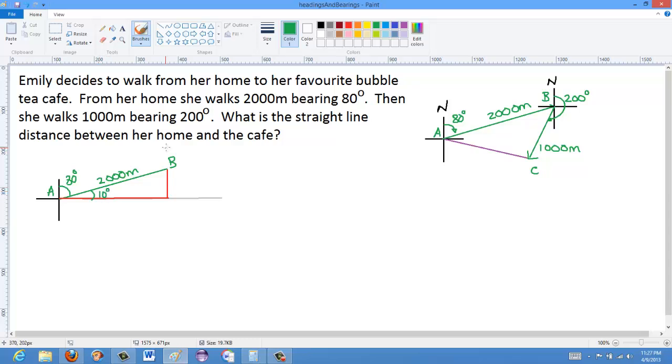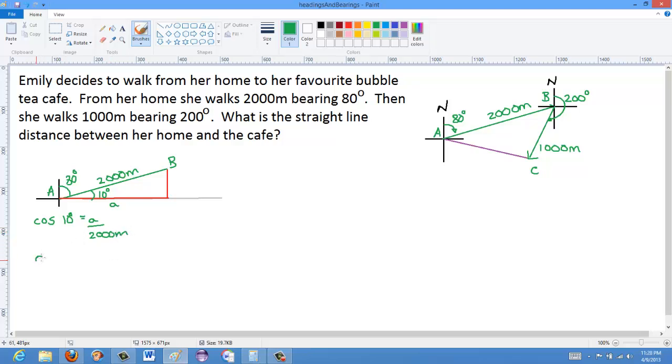Now from this, we can break this down and find out how much across she walked and how much up, or north, she walked, so how much east and how much north. The way I do this is I say the cosine of 10 degrees is equal to A over the hypotenuse, which is 2,000 meters.